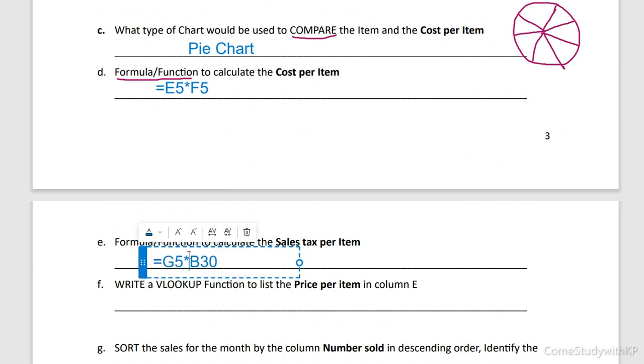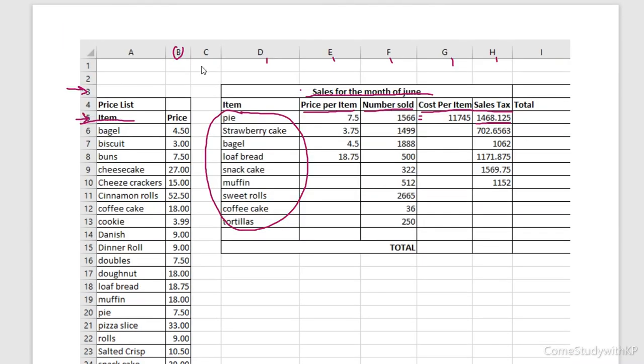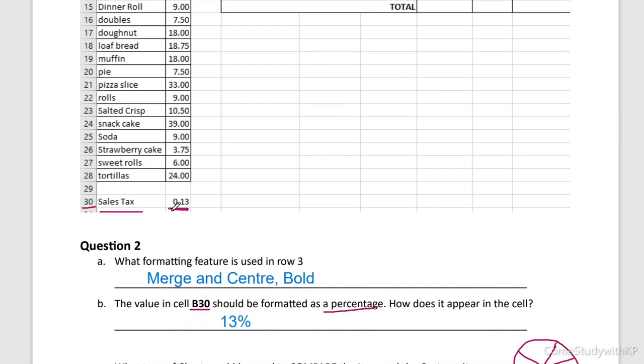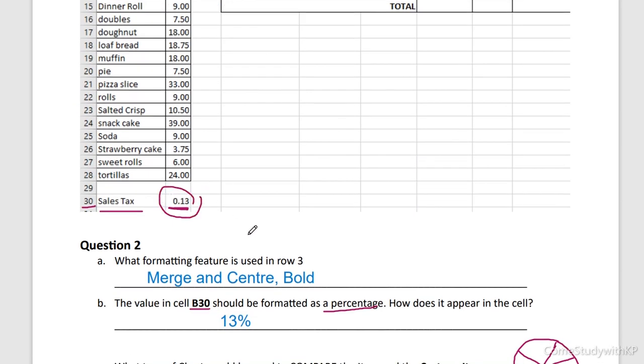Now, I would add something else to that, because if I was actually in a spreadsheet and I want to copy down this formula, there's something special I would add to make sure it's complete. I would use absolute referencing for the sales tax, because when I copy the formula down to all of these other cells, I do not want the reference to the rate, which is here, to change.